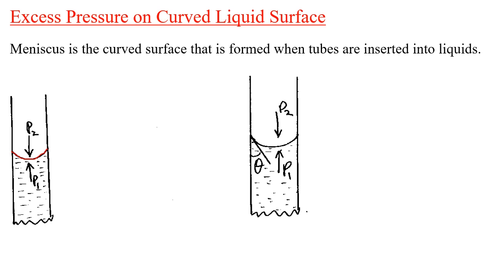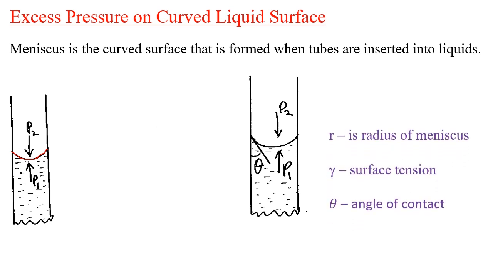Hence, if r is the radius of the meniscus, gamma is the surface tension, and theta is the angle subtended by the meniscus, then the excess pressure on the cupped liquid surface is given as 2 gamma cos theta over r.